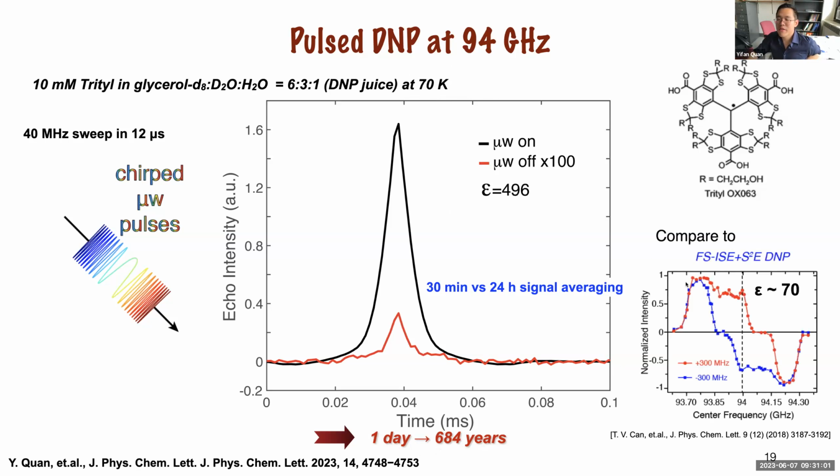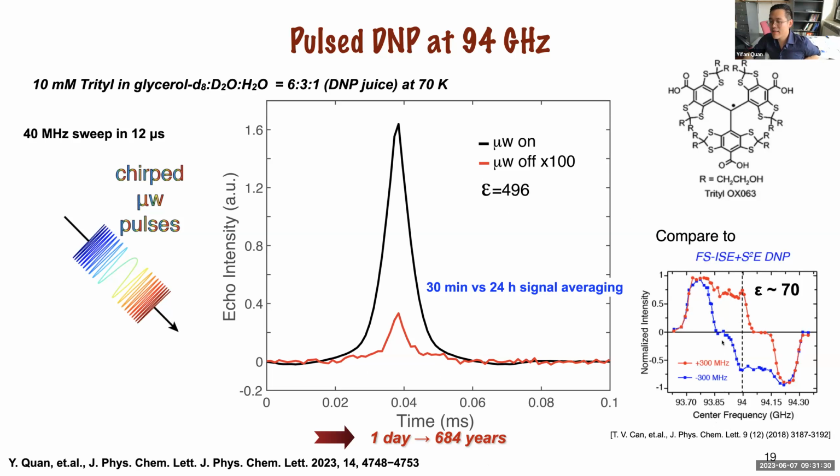And also, I want to mention that this is the second time we run this pulse DNP experiment in the Mag Lab. The first time was a couple of years ago when we didn't really understand what's going on when we apply a chirp pulse, and we discovered this SSE effect. But at that time, we only obtained an enhancement of about 70. And now we have a lot better improvements.